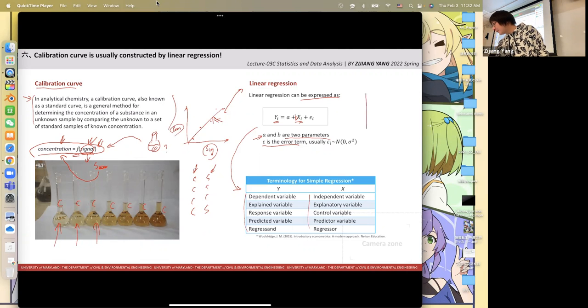In some practice, or with some devices, they will use the concentration as the x-axis and the signal as the y-axis. But as I mentioned here, when we have a new sample, the new thing is the signal. So we are going to use the signal to predict the concentration.